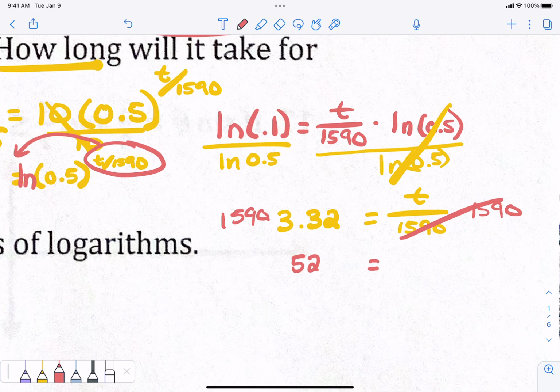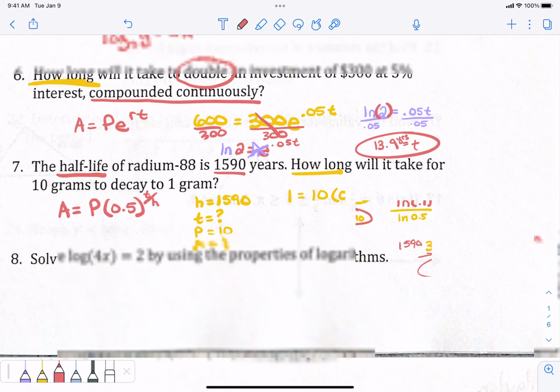Yes, about 5281.9 years. That's because you used 3.32 and they just took the full answer times 1590, so they used a bunch more decimal places. When you do this in your calculator, just take that answer times the 1590 and then it will be really accurate.